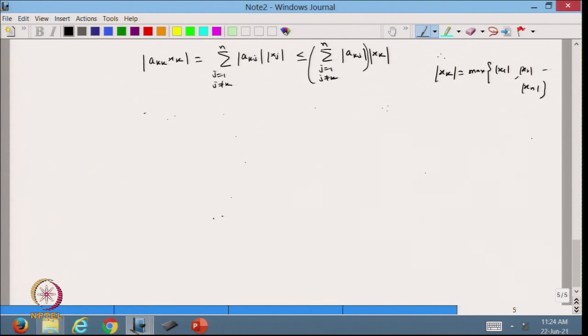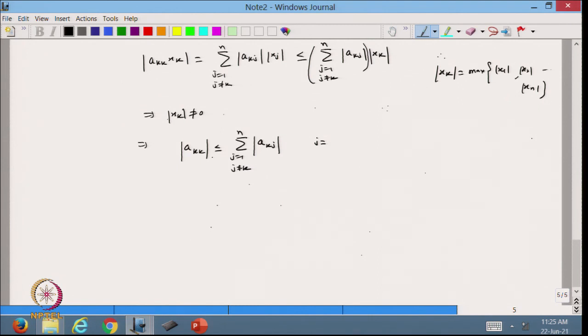Now from here, x_k is not 0 of course, because it is the maximum value we have taken. So from here I can write that |a_kk| is less than or equal to summation |a_kj|, j from 1 to n, and j is not equal to k, and this is true for all k.